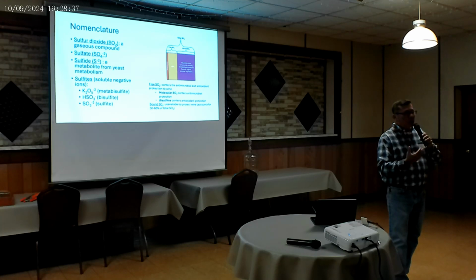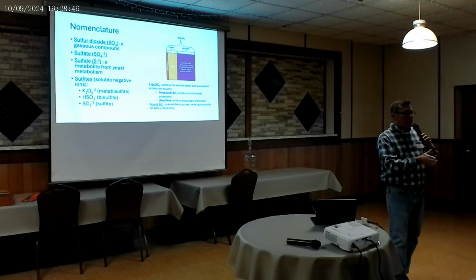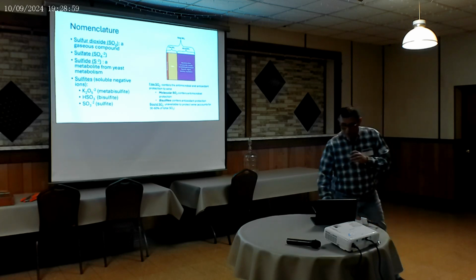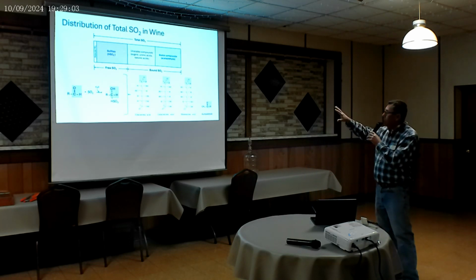But even if they're in equilibrium, at the time that you do a measurement and you get the free SO2, that free SO2 is what's available to protect the wine. The ones that are bound are not going to help you at all in preserving the wine.